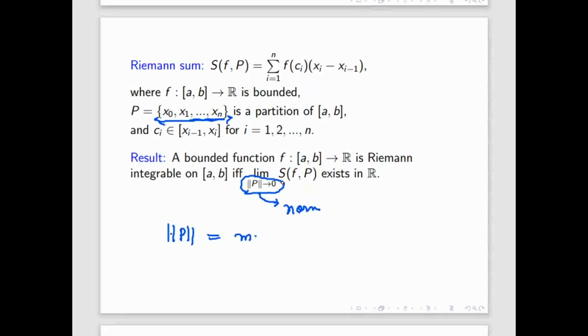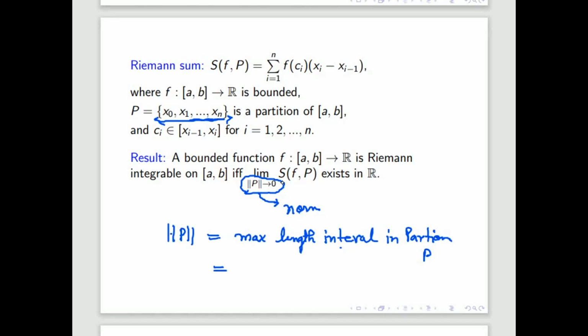That is called the maximum length interval in partition P. Suppose the ith interval has the maximum length; you can calculate it by xi minus xi minus 1 for the ith interval. So which one is the maximum?